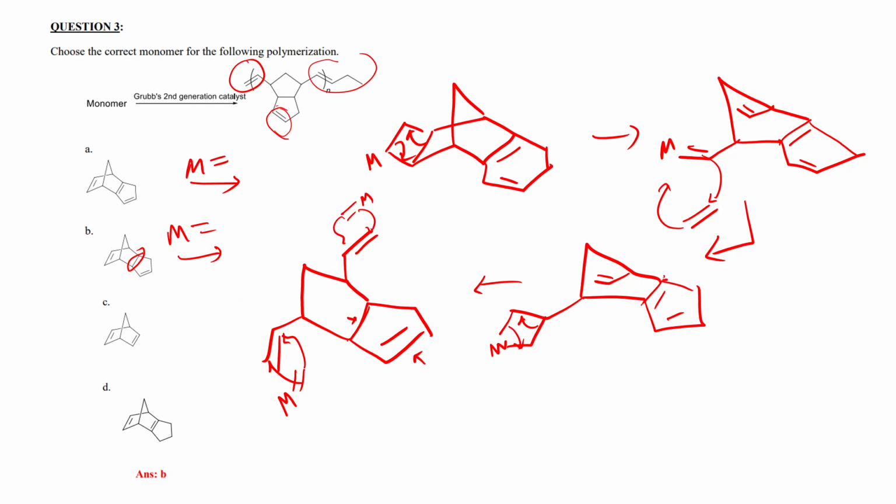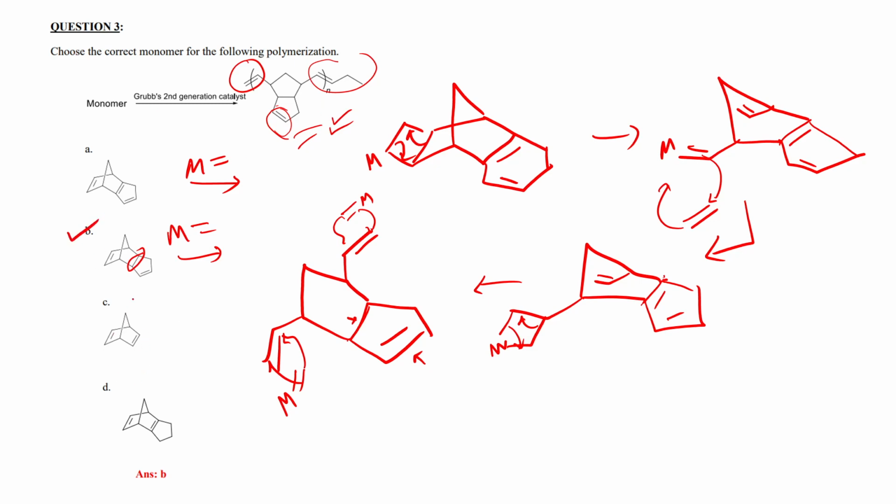Only this particular area reacts. So this kind of polymer can be formed, and that is nothing but the given product, which is matched. In that way, we can say that this particular monomer is the right choice for this polymerization reaction.